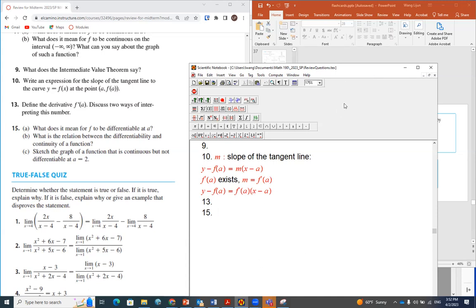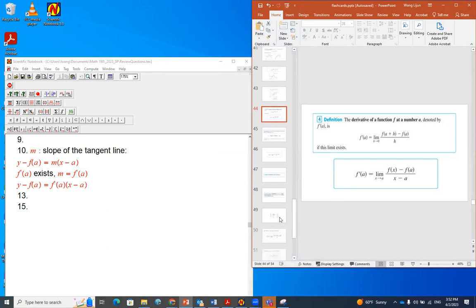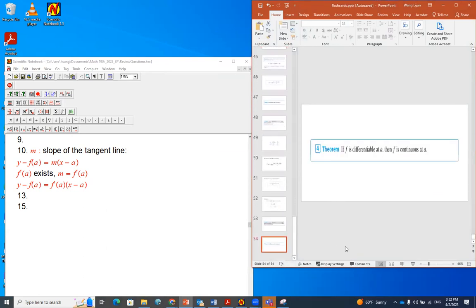There's a very important theorem, actually the last part: if f is differentiable at a, then f is continuous at a. This is a very, very important theorem. That means if the derivative exists at a, then f is continuous.